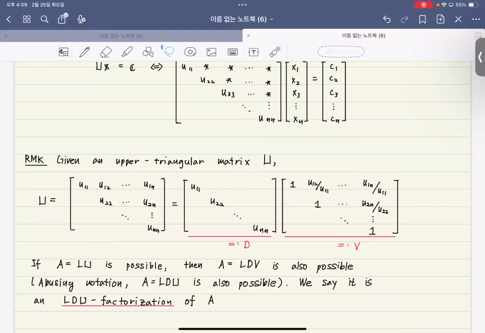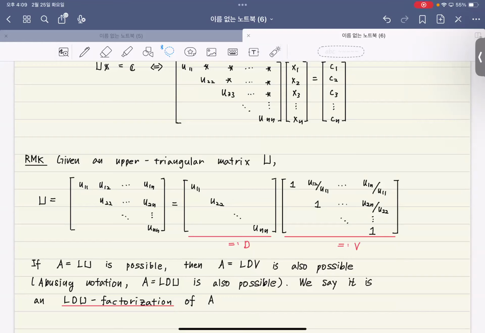Then you can factorize this upper triangular matrix in this manner, D times V. So what is this? Here, these rows, these entries are obtained by simply dividing everything by U11, right?